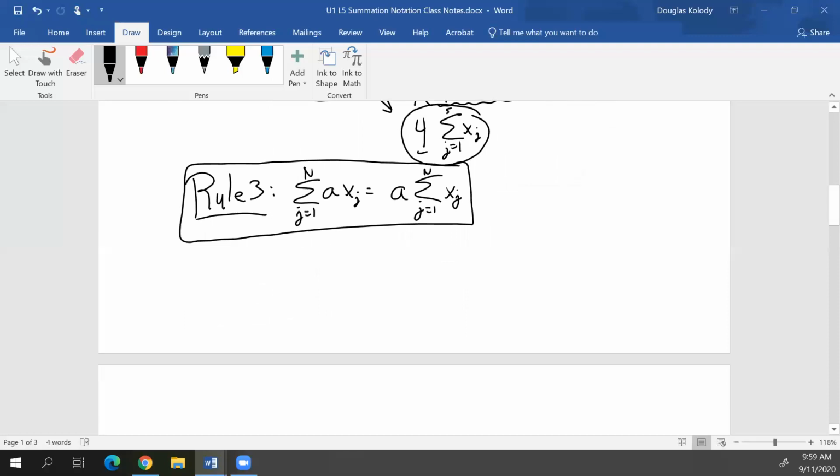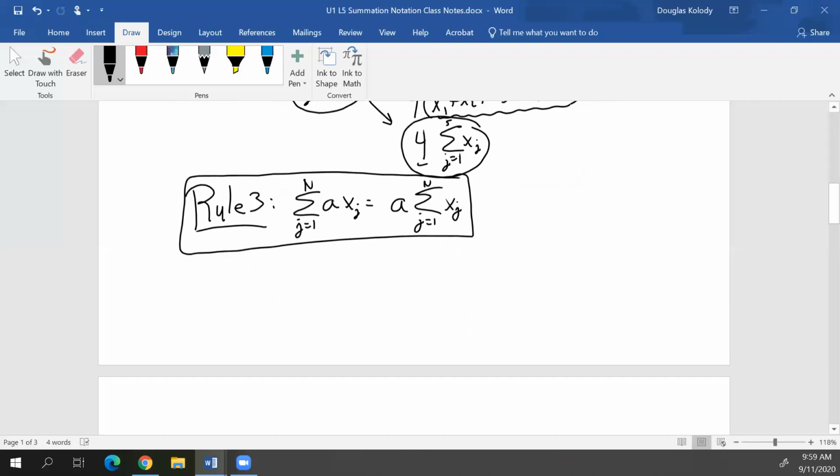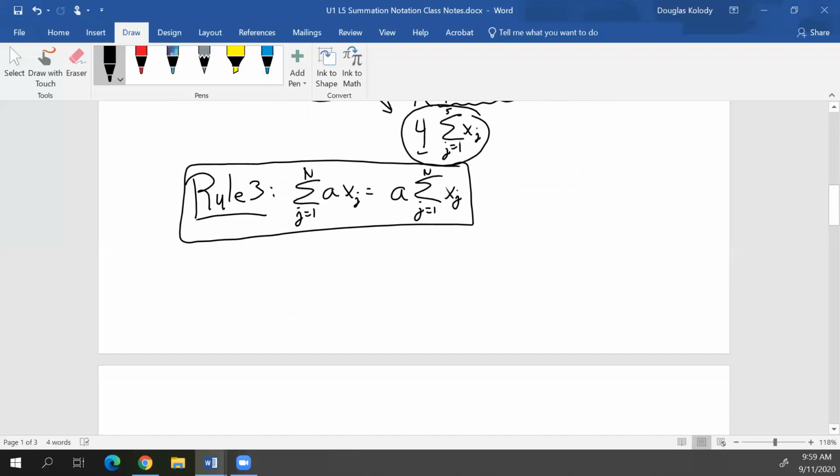some examples with you. All right, so now we've done an example where one of the variables was constant. What if all of the variables were constants? In other words, let's suppose all of the x sub j's, all of them, just equal 1.